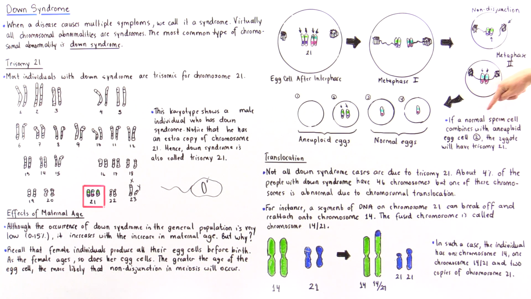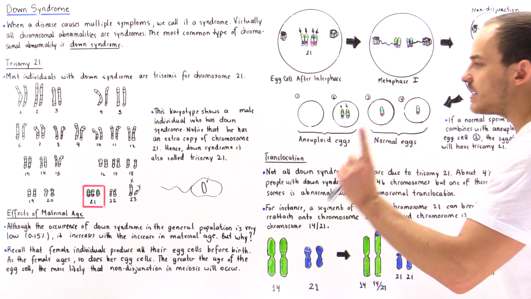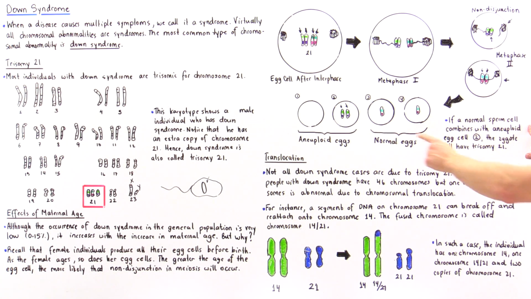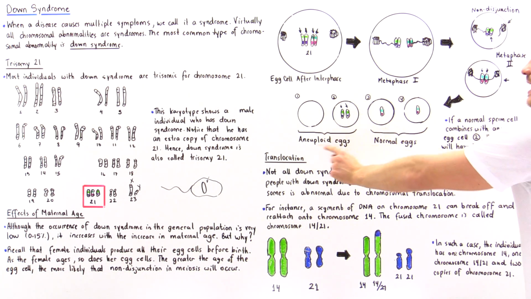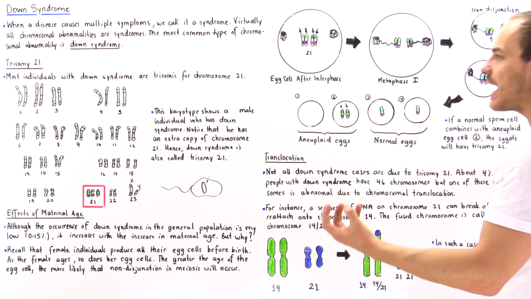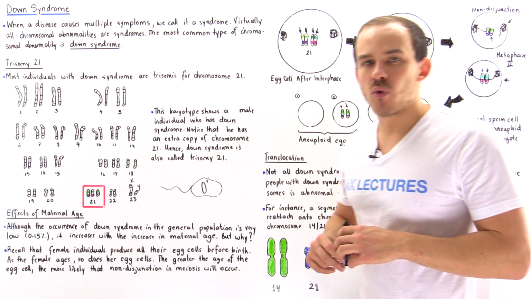So if a normal sperm cell, like the one shown here, that contains a single copy of chromosome 21, combines with X cell number 2 that contains an extra copy of chromosome 21, we're going to produce a zygote, an individual that has trisomy 21.